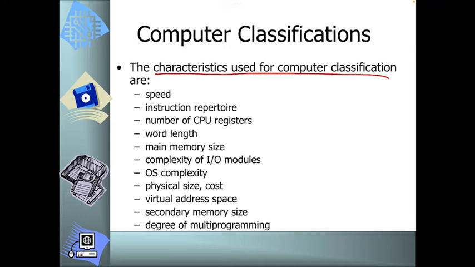Speed means the speed of the processor, for example. We also have instruction repertoire, how the instructions are used. And then we also have the number of registers. What is a register? A register is a type of memory in the processor.